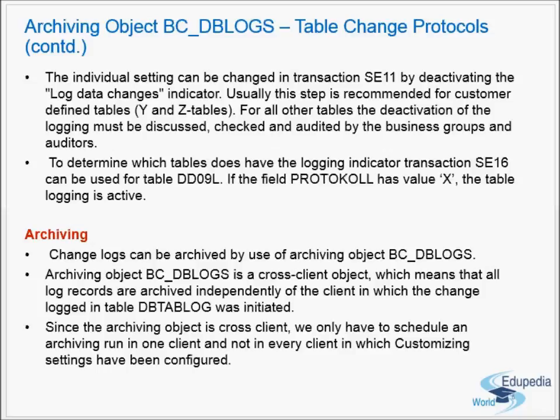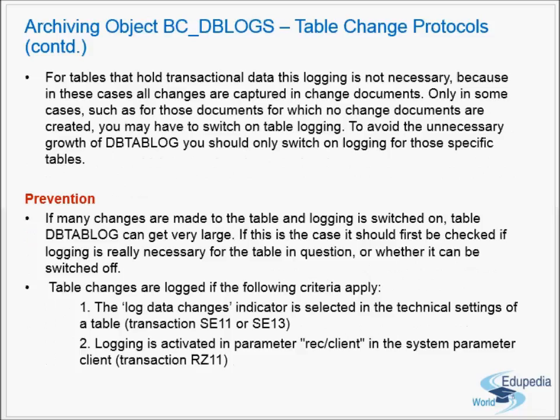For all the tables with this field PROTOKOLL, if this particular field has the value X, then for all those tables the table logging is activated. So the first thing is we check if it's active or not in SE11 or SE13, and across the client it can be activated using the parameter rec/client.